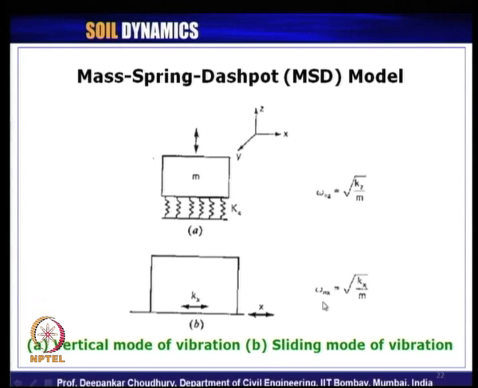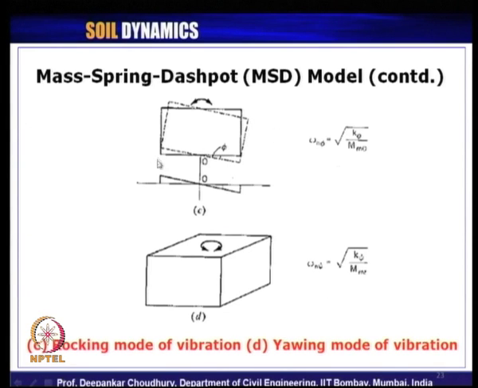So, the natural frequency of the system can be calculated as omega n x equals root over kx by m. Coming to other two modes, this picture shows rocking mode of vibration. The applied dynamic load is acting like this, rotating about this point O, and the angular or rotational displacement is phi.